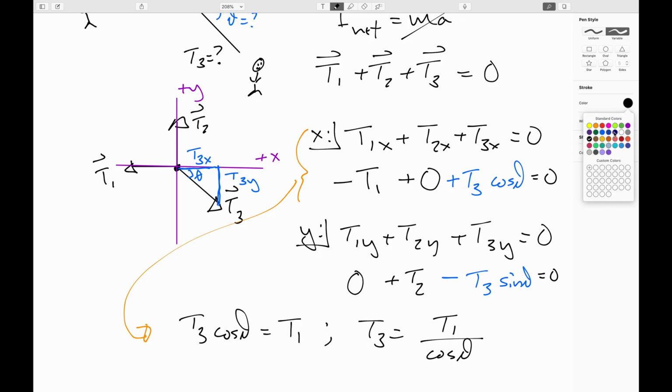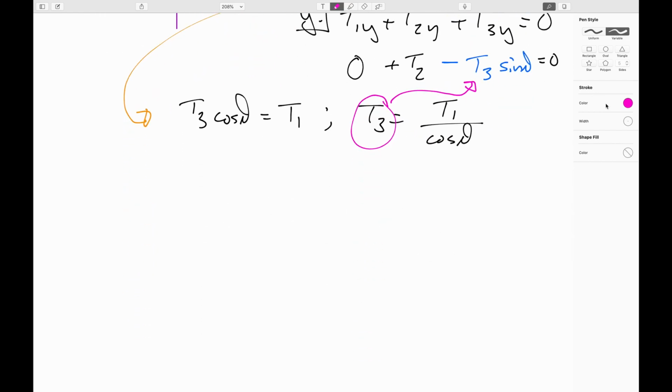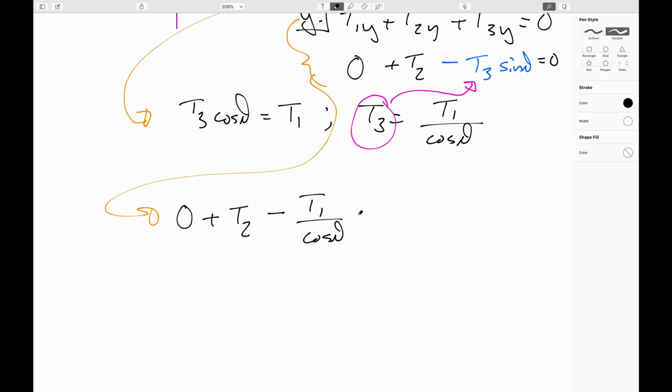Now the trick is to take our solution for T3 and stick it into the other equation. That'll make T3 go away, and we'll just be left with something with a theta in it. So we'll make that substitution. So this will be 0 plus T2 minus, well, T3 is T1 over cosine theta times the sine of theta equals 0.